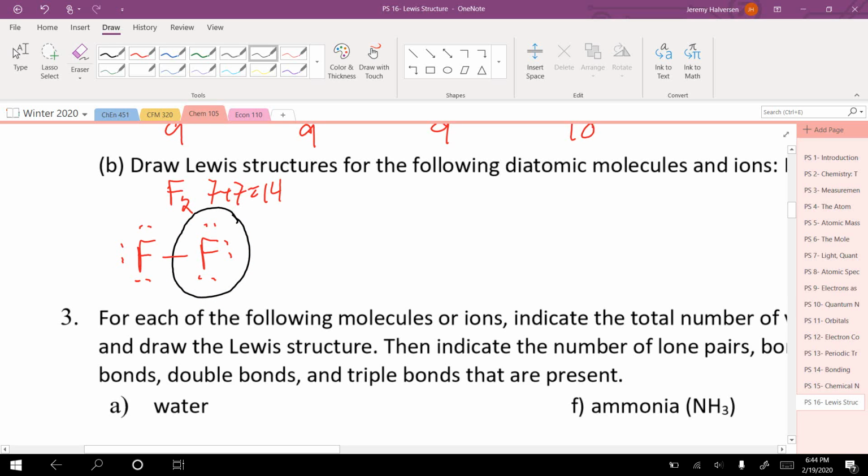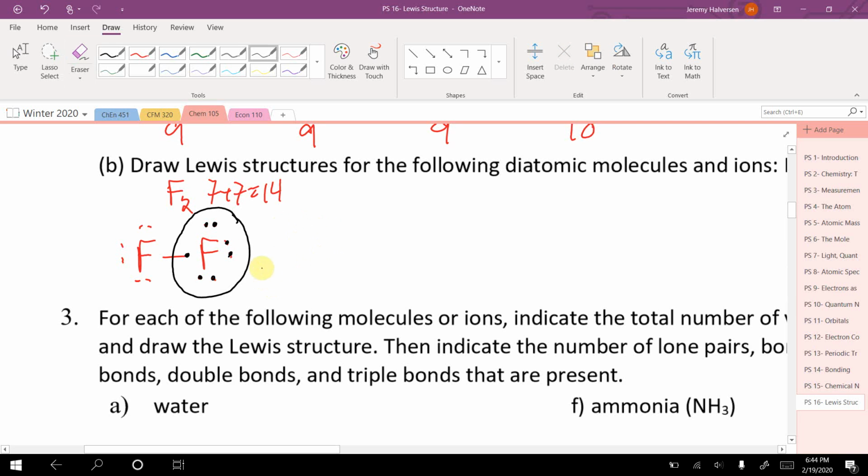How many electrons does it own, is the words I like to use in this picture. I would say it owns 1, 2, 3, 4, 5, 6, 7. Now it has access to that 8th one, but it doesn't own that 8th one. I care about how many it owns. So fluorine usually owns 7. In this picture it owns 7.